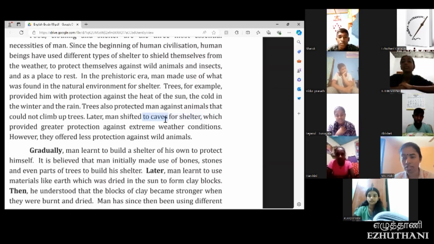But now it's caves. Caves are their shelter, which provided greater protection. இன்னும் பாதுகாப்பு கொடுத்தது. Against எதிலிருந்து extreme weather conditions. ரொம்ப கஷ்டமான weather conditionsல அவைய பாதுகாத்தது. Okay?